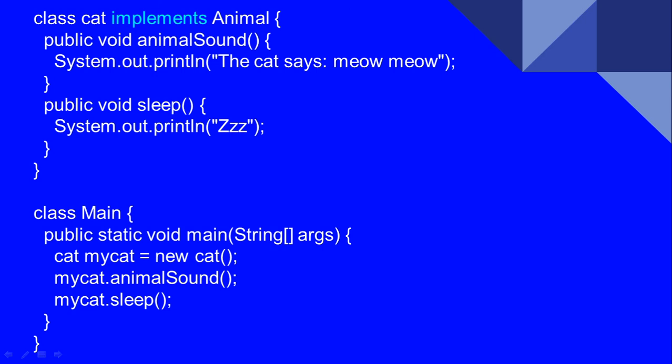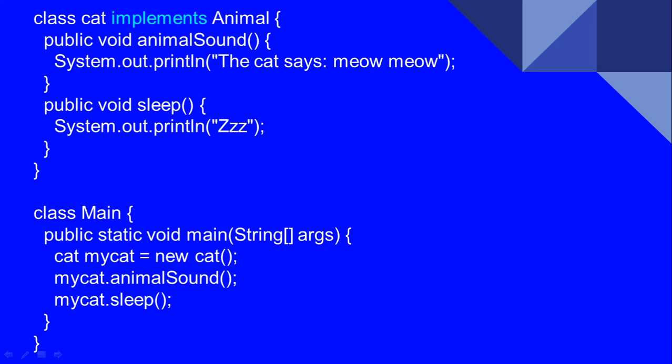Okay, let us see how to use this in the main class. Class Main, public static void main, String args, open brace, Cat myCat. I am creating an object for the Cat class using the new operator. So Cat myCat is equal to new Cat. Now we know that multiple classes cannot be used together. That is the limitation in Java. For that only we are using the interface concept.